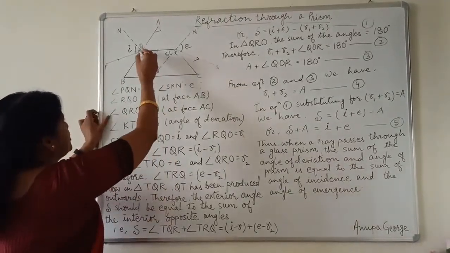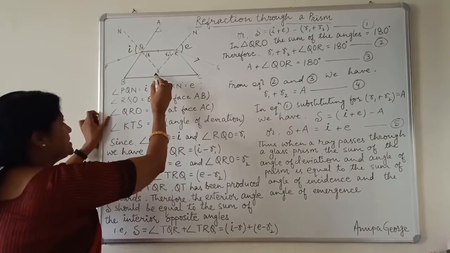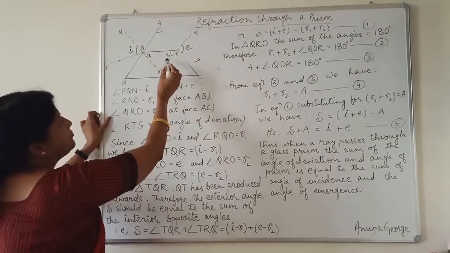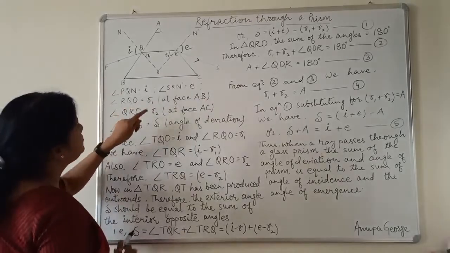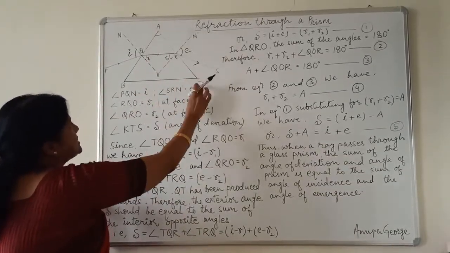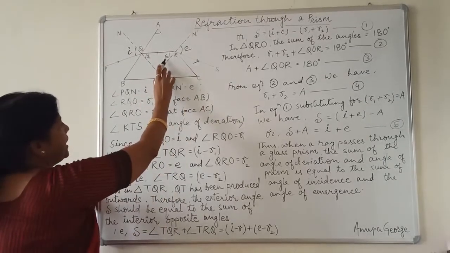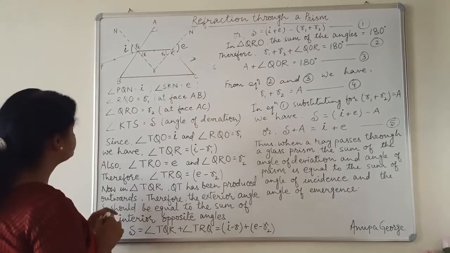Angle QRO is another angle of refraction at face AC, and it is represented by R2.